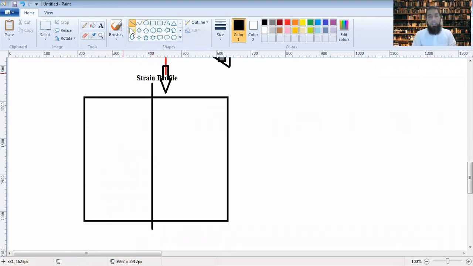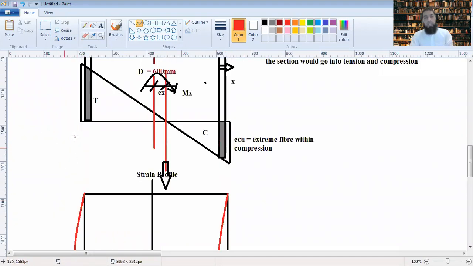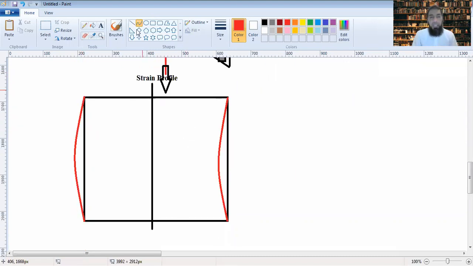Then in that case, this portion bends like this, so it comes under compression, and this portion comes under tension. That's why this portion is in tension and this portion is in compression about this neutral axis.